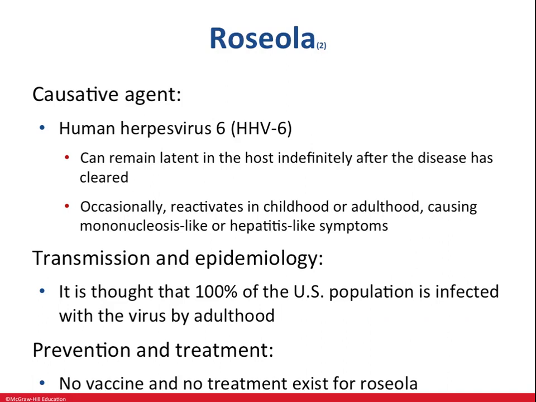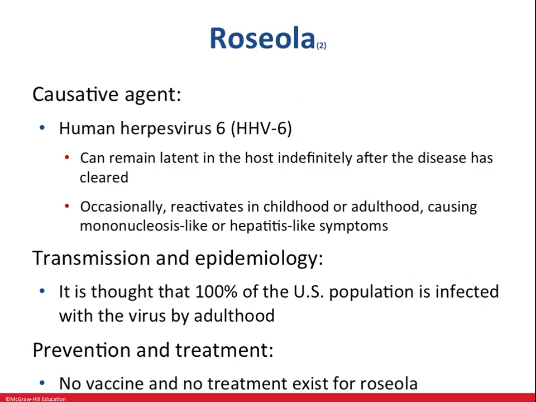Roseola is caused by human herpesvirus 6. People think that this type of virus has been transmitted to all the people in the United States.